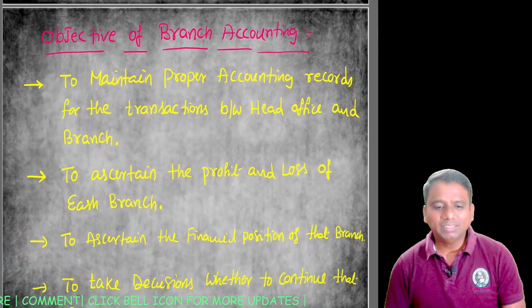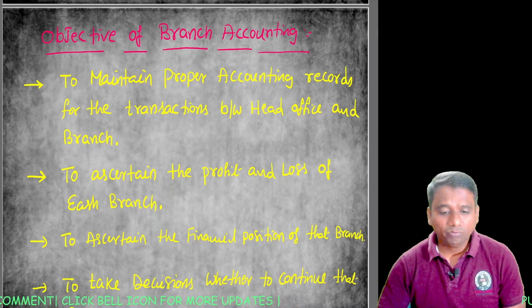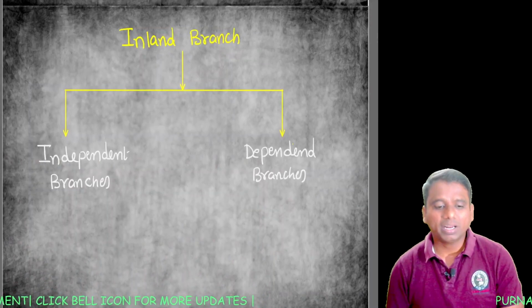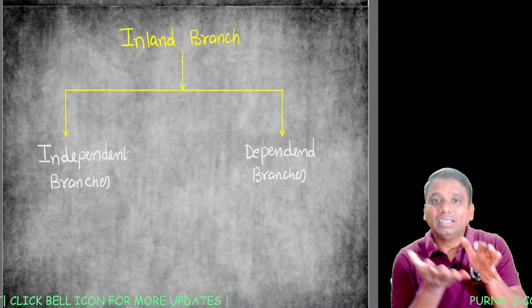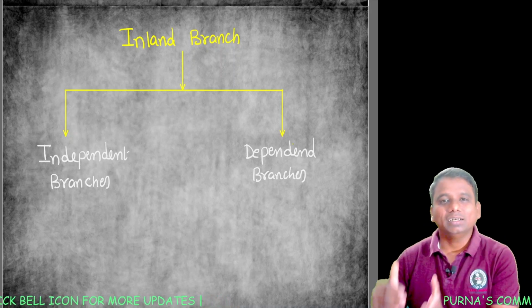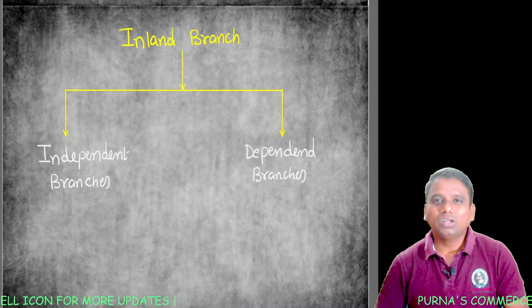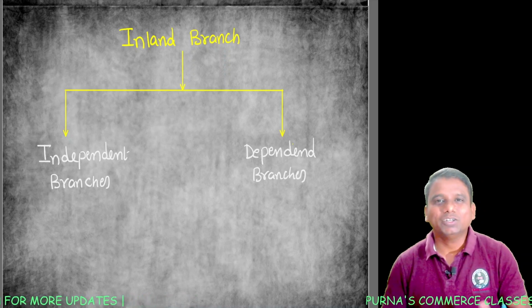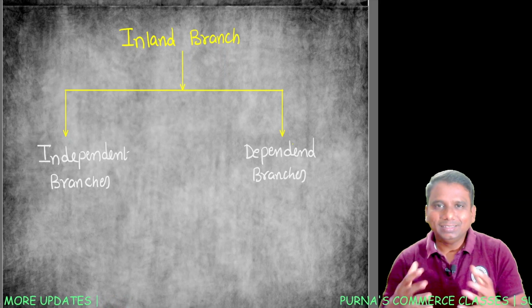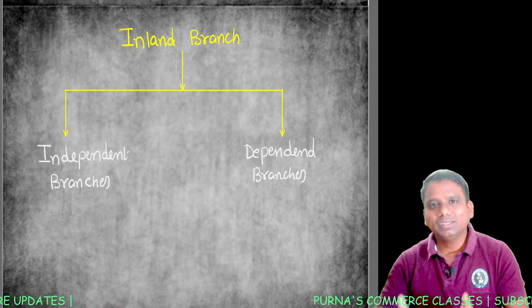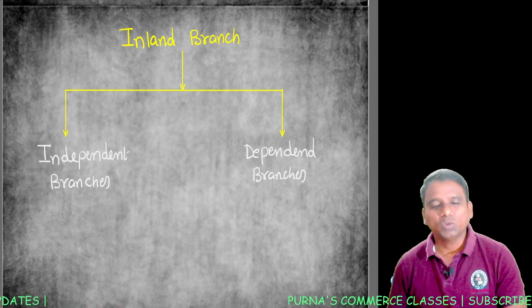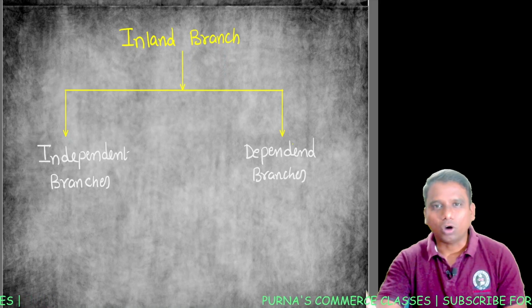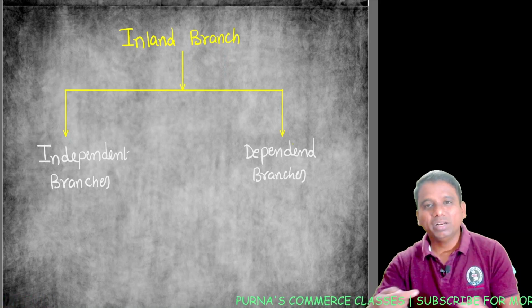But based on these objectives, we again classify our inland branch into independent branch and dependent branch. What are these independent and dependent branches? In this video we are trying to understand the sequence of branches one by one: inland, foreign, and again inland branch, independent, dependent.